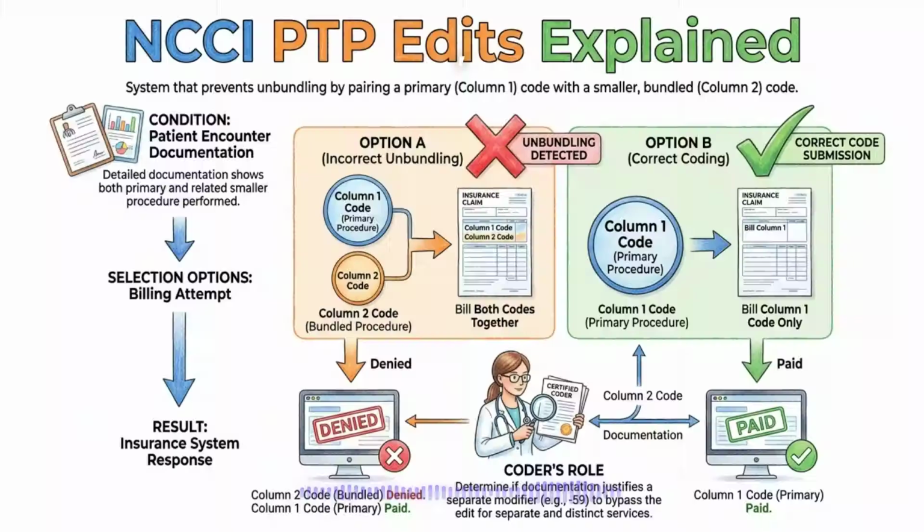The NCCI system works by pairing codes together into a column 1 and column 2 format, known as procedure-to-procedure edits. The column 1 code is the comprehensive primary procedure, and the column 2 code is the smaller bundled procedure.